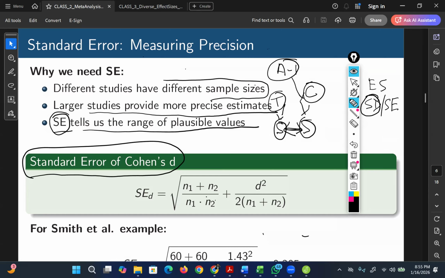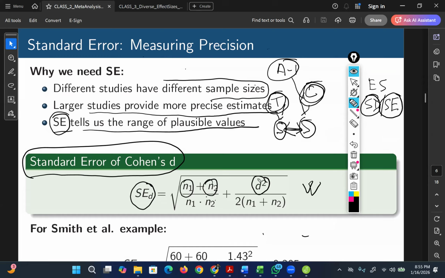If there are multiple groups in one single study, like treatment group and control group, then we go for a standard error for our homogeneity and heterogeneity calculation using the random or fixed effect model. In that case, the standard error calculation can be done using number of sample 1 and number of sample 2. And this is how we can calculate.